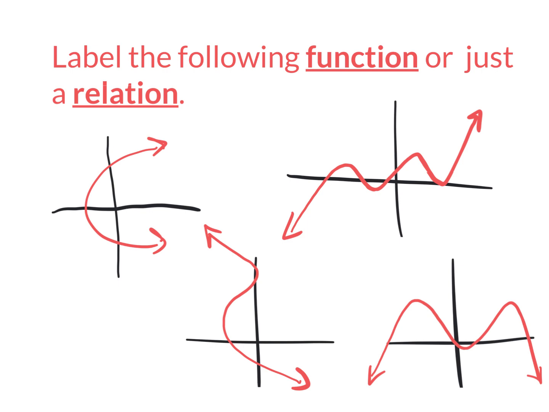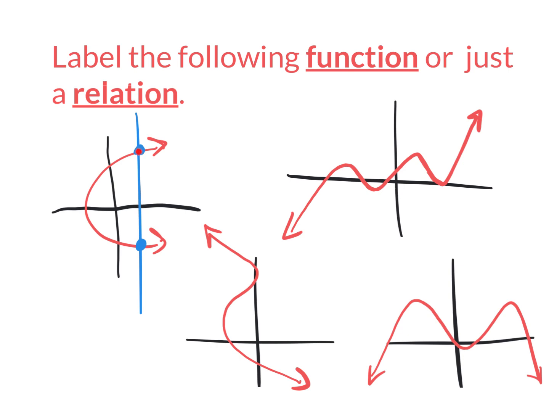But when you have a graph, you don't have to think about numbers. It's even easier. It's called the vertical line test. So if you go to this first graph and you draw a vertical line, how many times does it touch? 2. 1 right there and 1 down there. That is really saying that for the input of, let's say, 2, you get 2 different outputs.